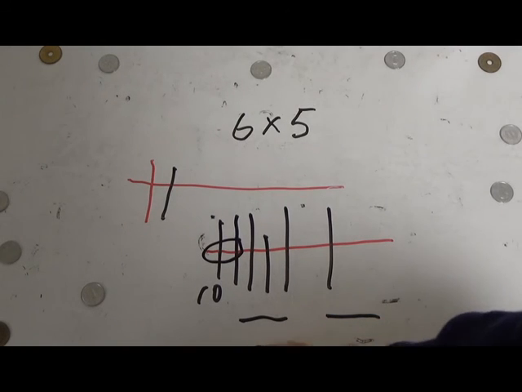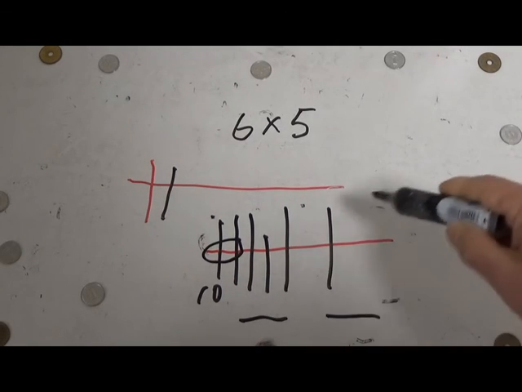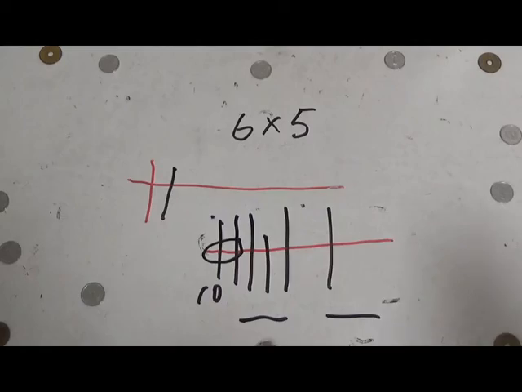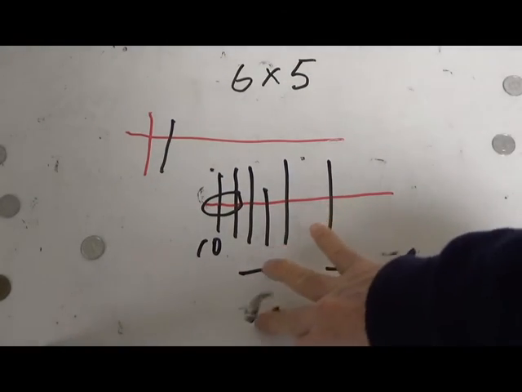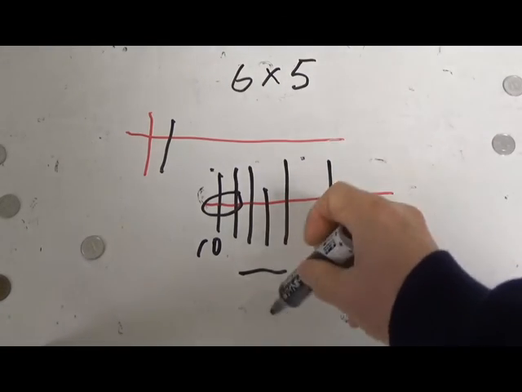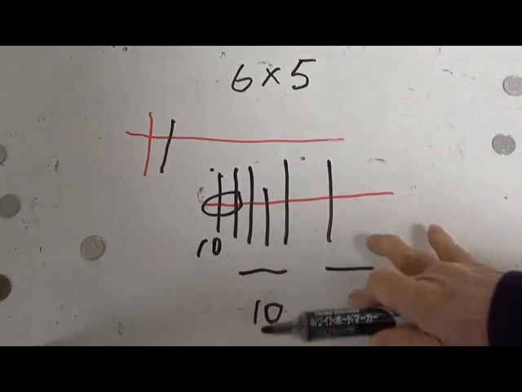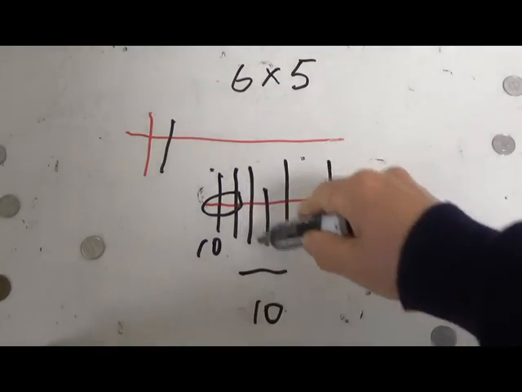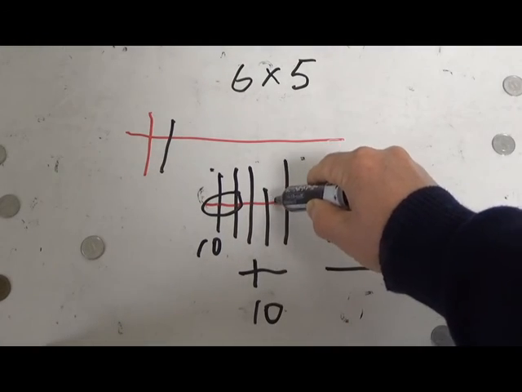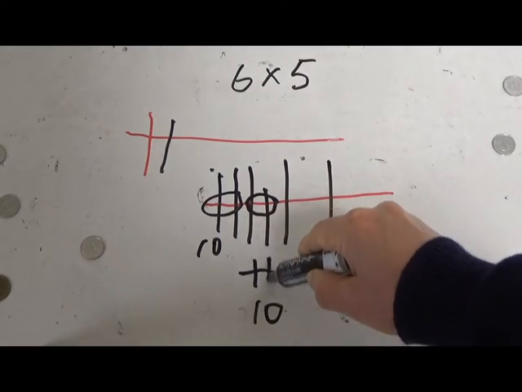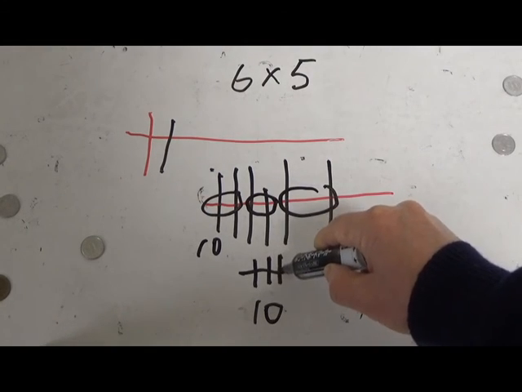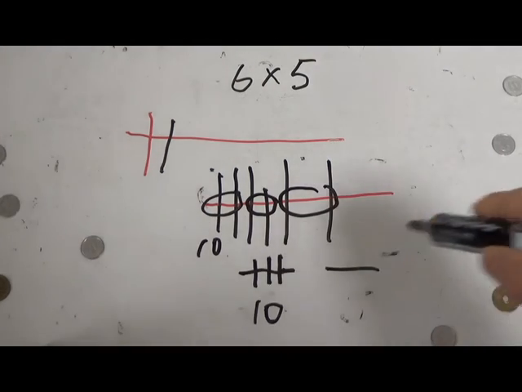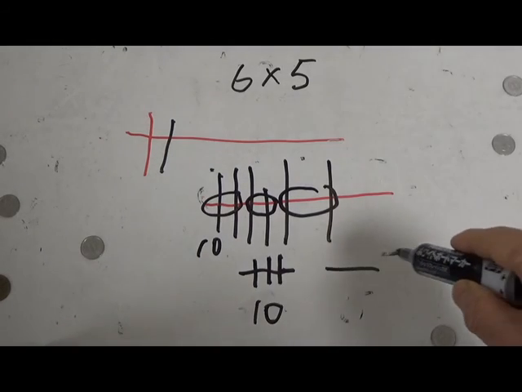This is 10, 10, another 10, and another 10. So it is 30.